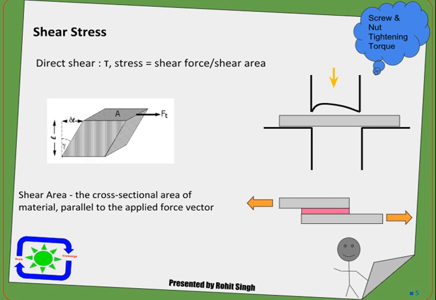You can see here three examples: one punch and die, another where over the block top surface we are applying the load. In one case we glued two components and we are applying a tangential load. So in all cases we need to consider the area along the direction of these forces.